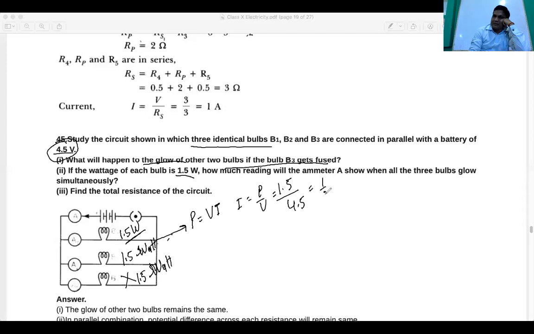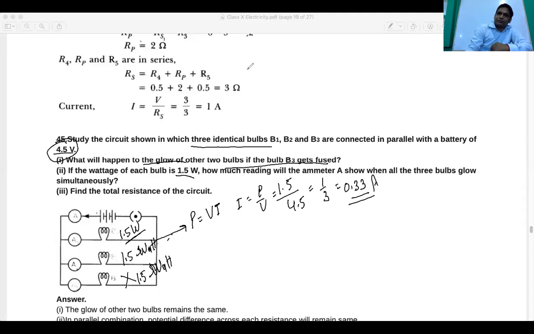So this will be 1 by 3 or 0.33 ampere. This will be the reading of each ammeter when the bulbs glow simultaneously.